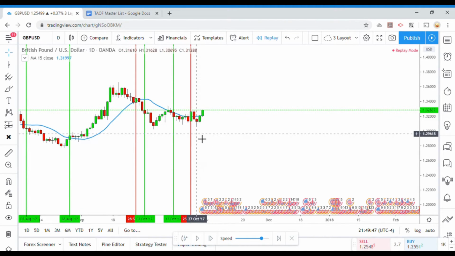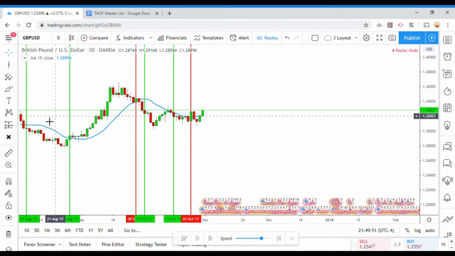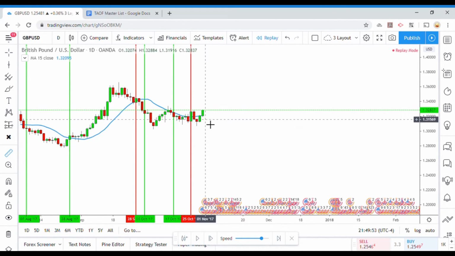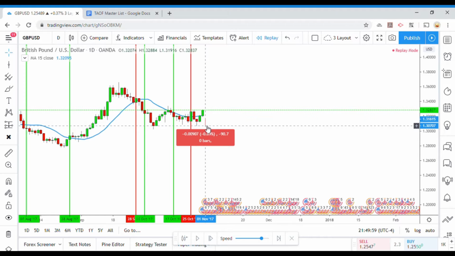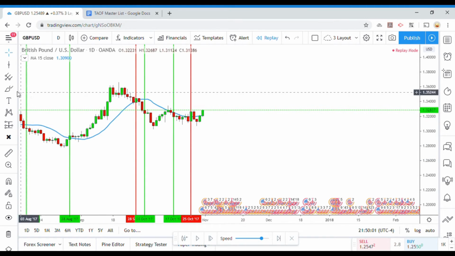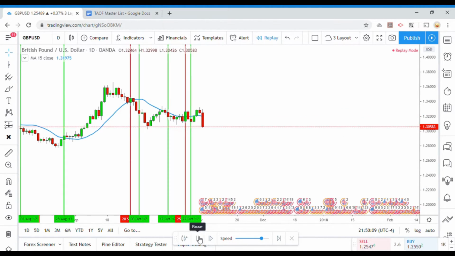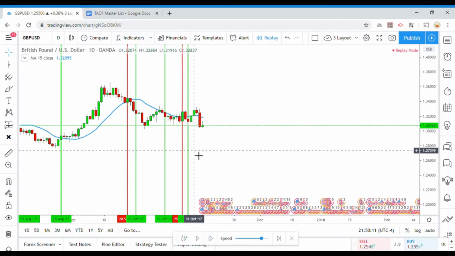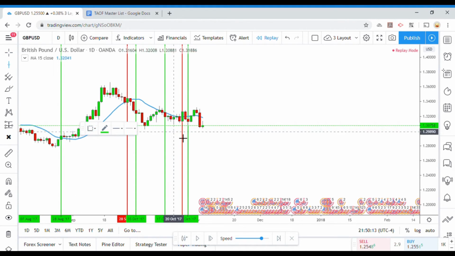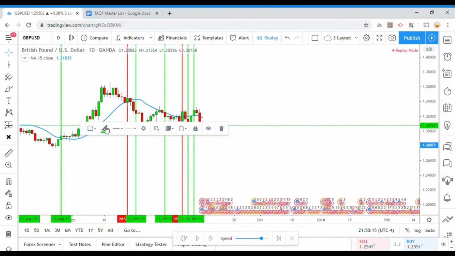Just signal after signal after signal. It's like some are good, some are bad. I mean, at this point, it seems to be a pretty even mixture between green and red. We'll see once we tally it up here.